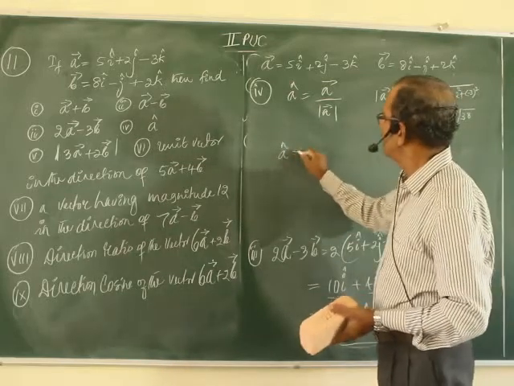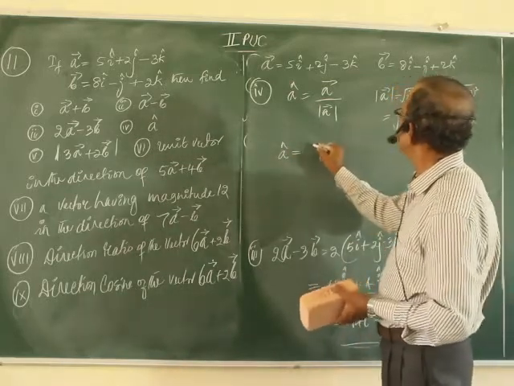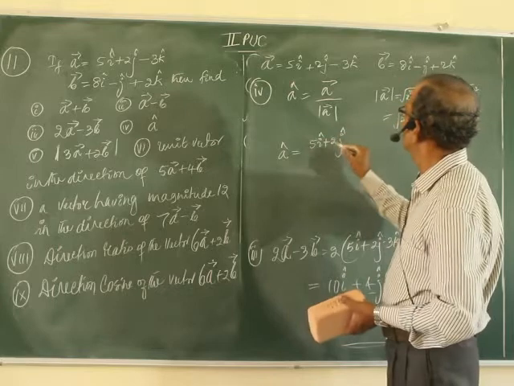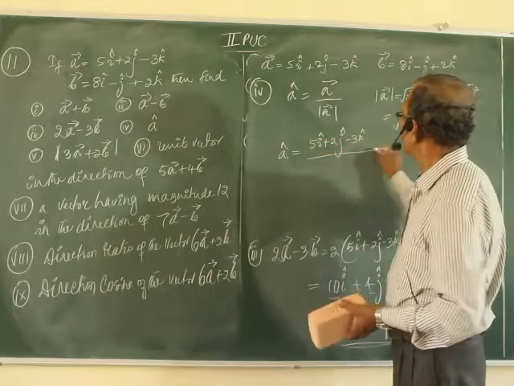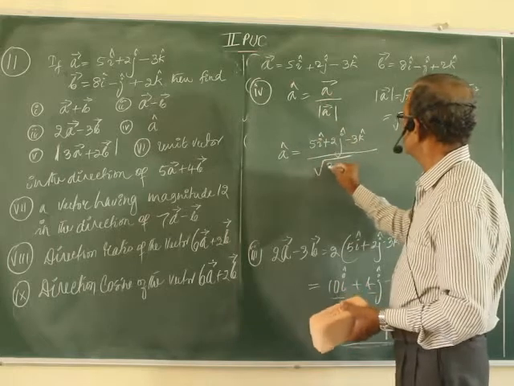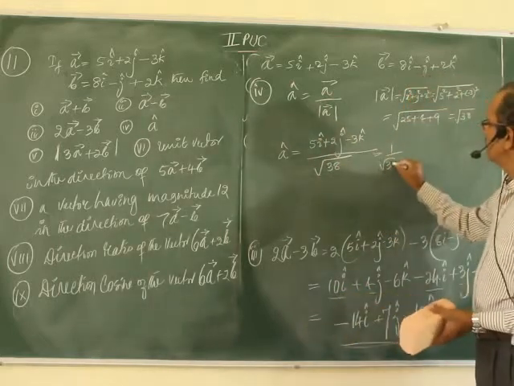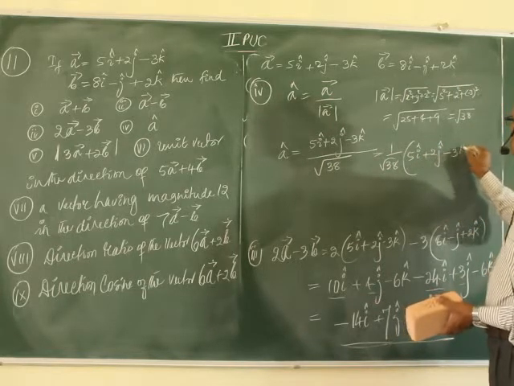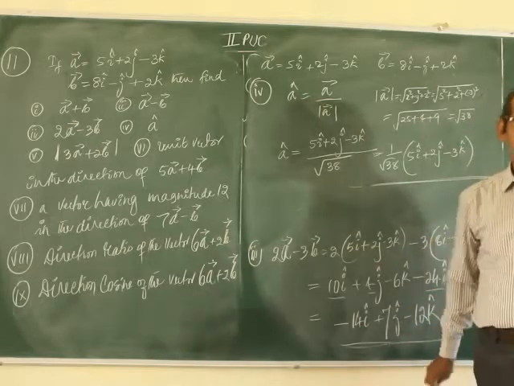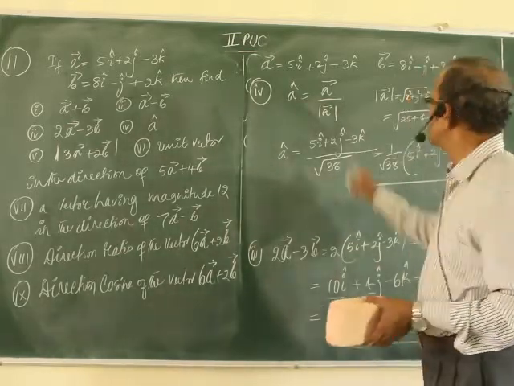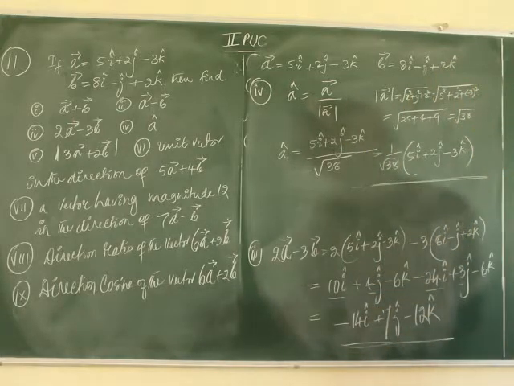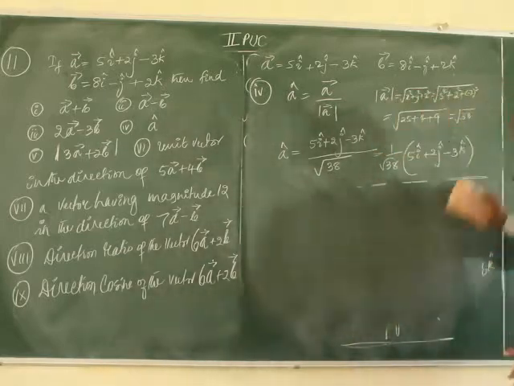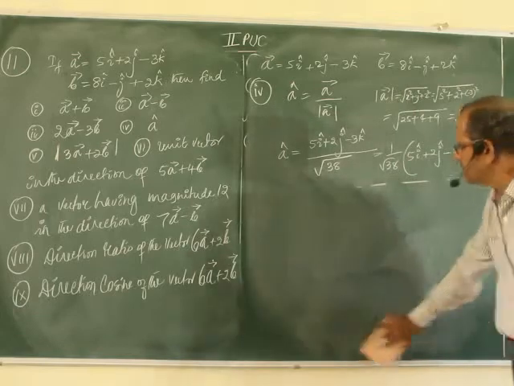So a cap equal to vector a divided by mod a, 5i plus 2j minus 3k. But you are writing this one as 1 by root 38 into 5i plus 2j minus 3k. Unit vector in the direction of a is this, a by mod a. Calculate mod a, then write the answer. Instead of writing divided by root 38, just write 1 by root 38 into the vector.